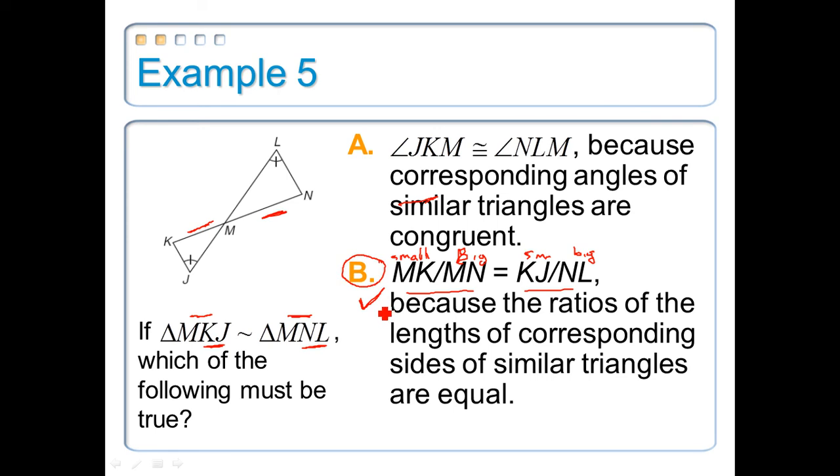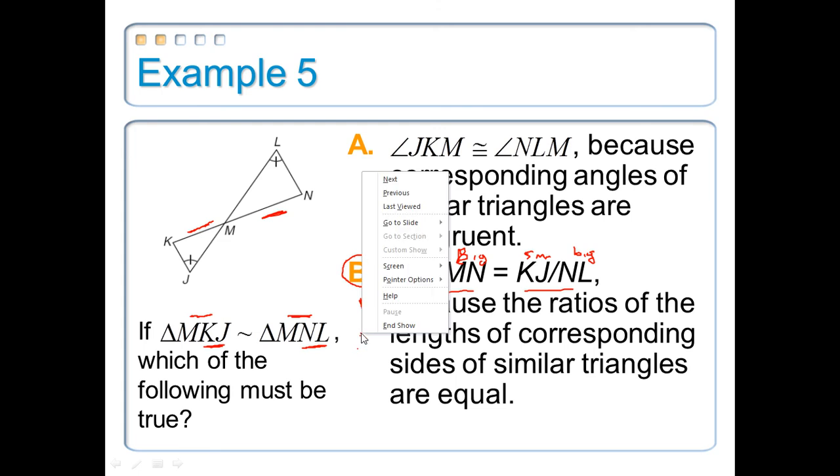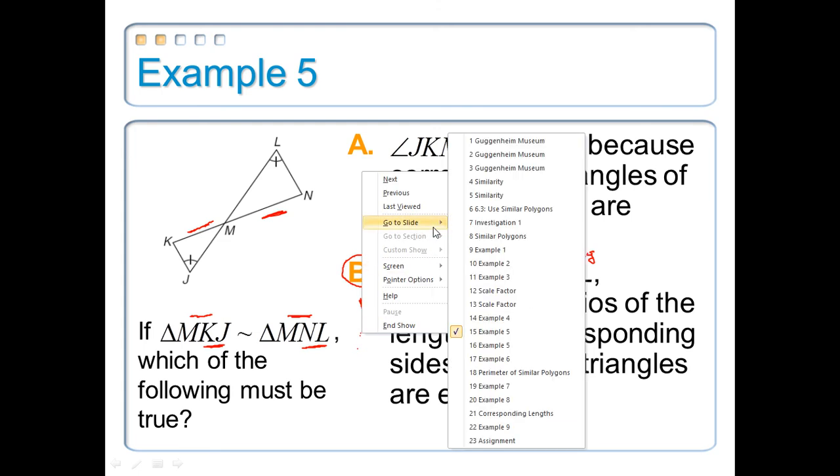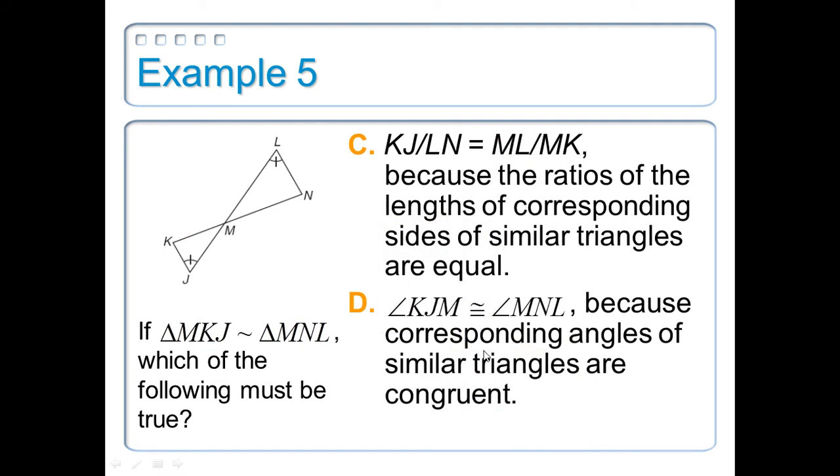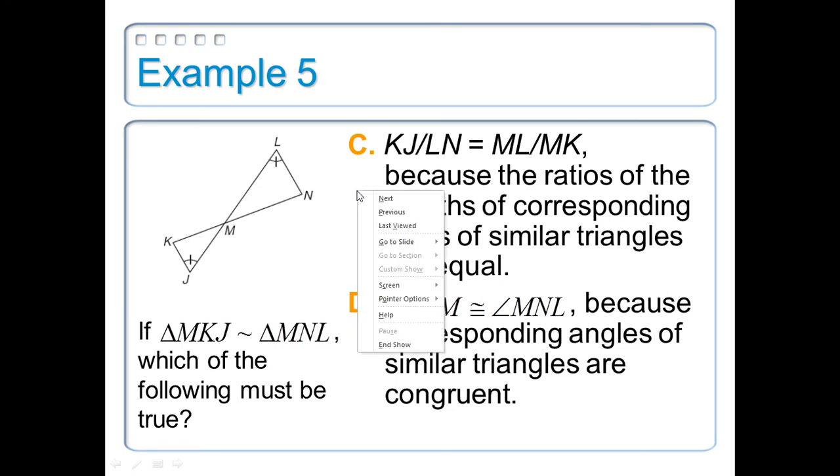Okay? So let's go to the next page. It's the same picture. So I just need to change my pointer. I need to go to the next slide. Okay, so it's the same picture. It says, so we need to check C. It says, are the ratios the same?